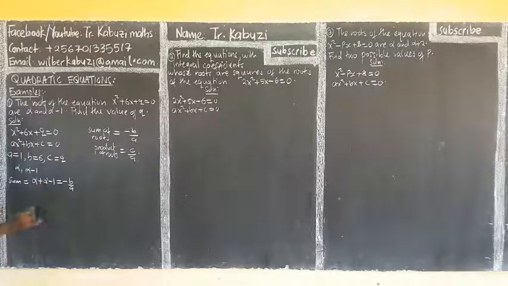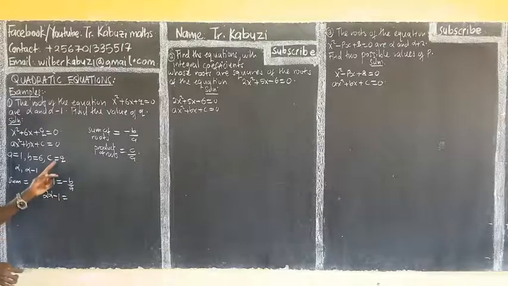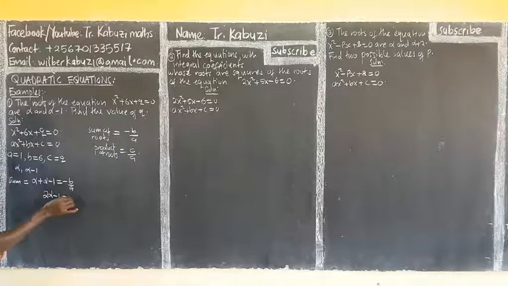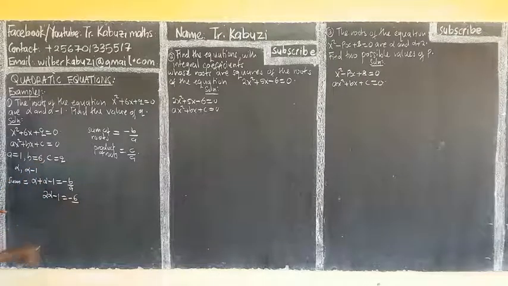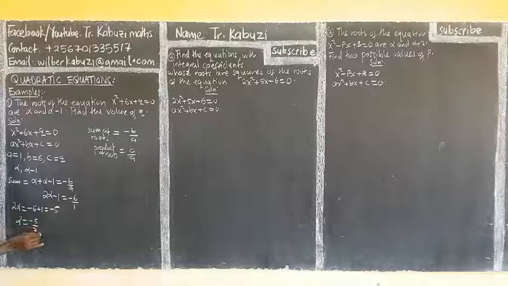So I get 2 alpha minus 1 equal to negative b, which is 6, over a, which is 1. If I take this aside, my 2 alpha will be negative 6 plus 1, which is negative 5. This implies that alpha is negative 5 over 2.